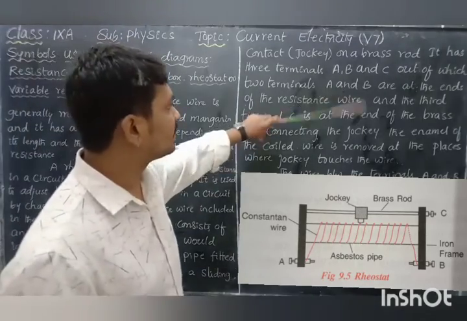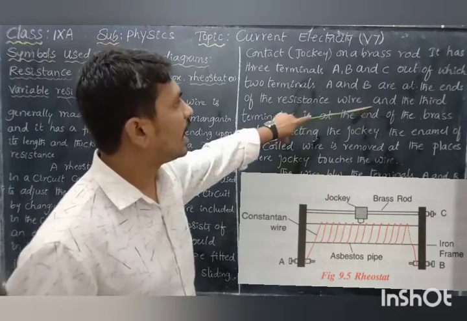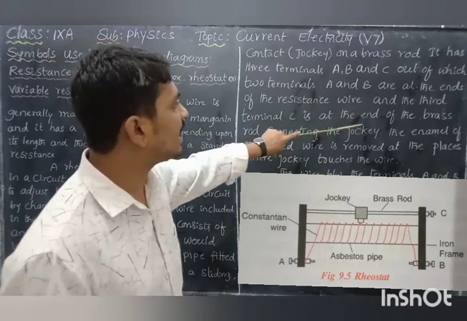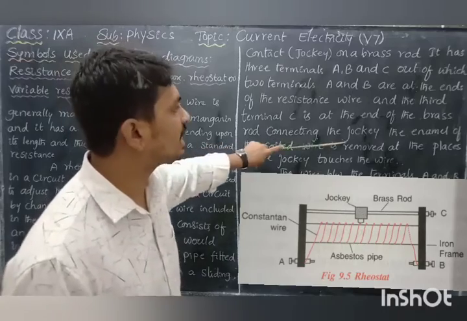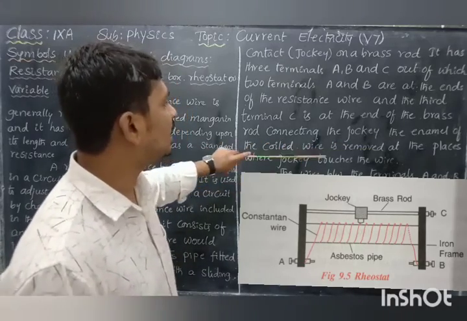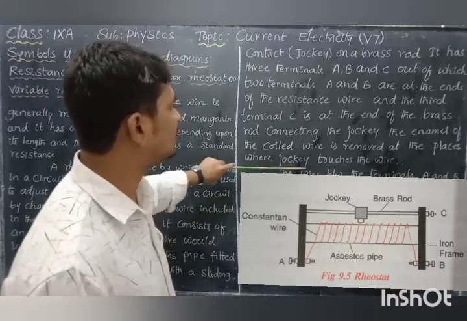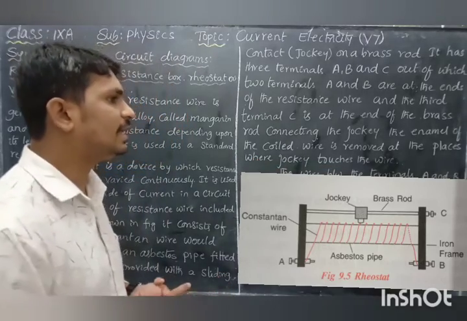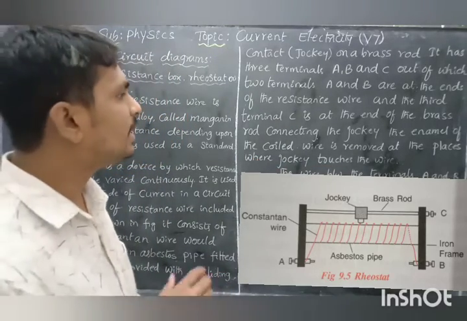A and B are at the ends of the resistance wire, and the third terminal C is at the end of the brass rod connecting the jockey. The enamel of the coiled wire is removed at the places where the jockey touches the wire. See the complete diagram. That is the entire construction of the rheostat.